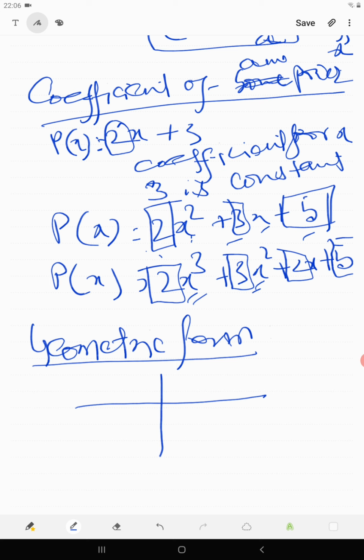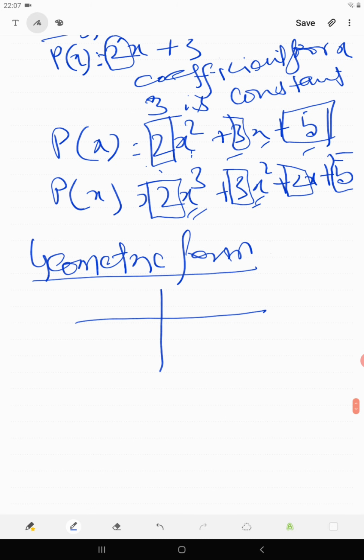I told you previously also that whenever we are talking about the geometric form or the two-dimensional coordinate system, the equation will always be in the form of y and x.